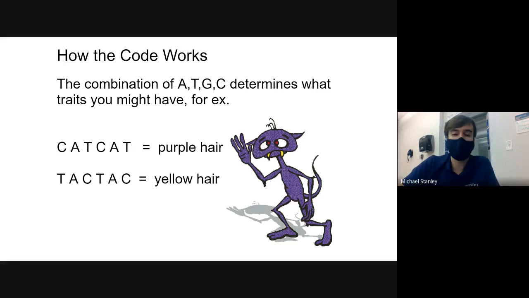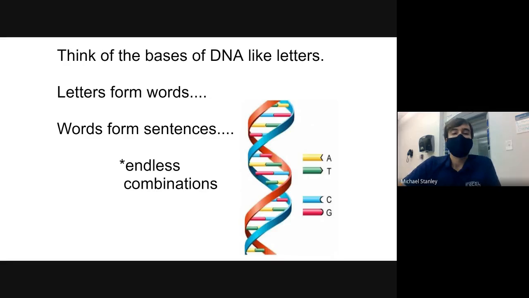One of the ways I like to think of it is it's sort of like the letters of our language, right? There are 26 different letters in the English language. But with those 26 letters, we're able to create hundreds of thousands of different words, just by combining those letters in different ways and different lengths.